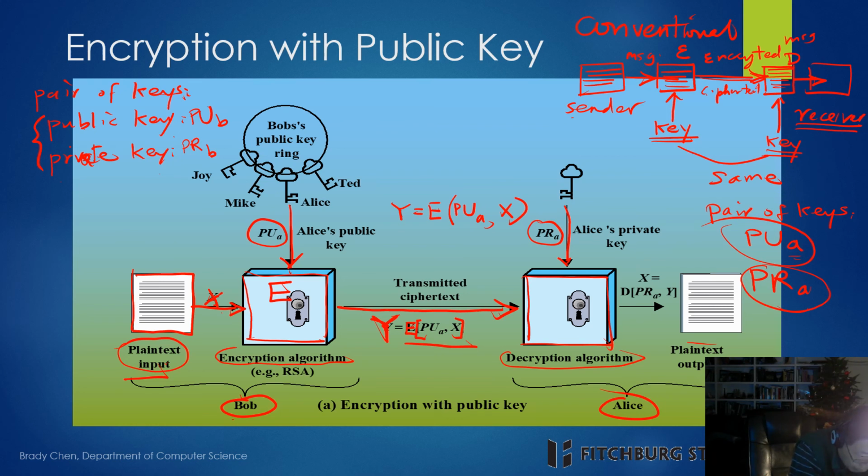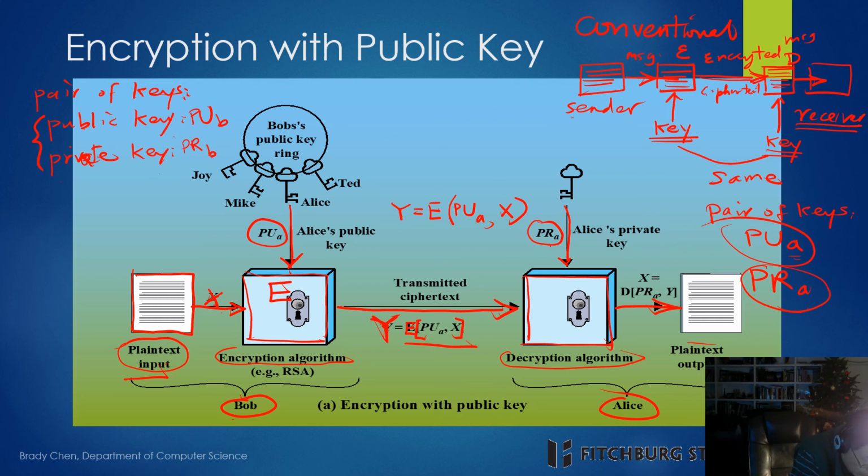But hopefully, the private key should not be seen by anyone else. It's only the private key for Alice. So Alice is going to use the private key and the ciphertext that Bob sent to Alice. Then it's going to generate the message, and this is supposed to be the plain text.